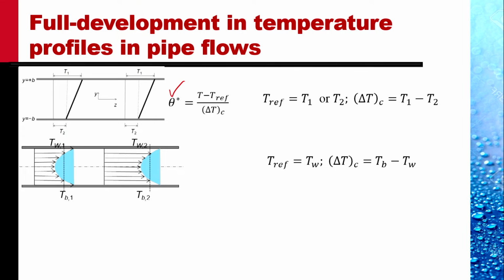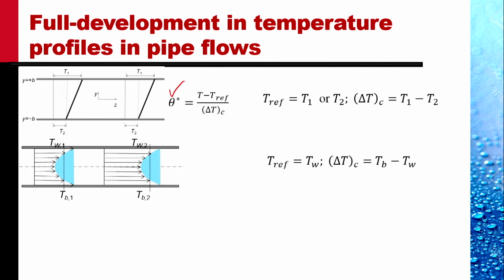For flow with constant heat flux in a pipe, the bulk temperature is changing. Here we use T reference as the wall temperature TW and the characteristic temperature difference as the local bulk temperature minus the wall temperature.